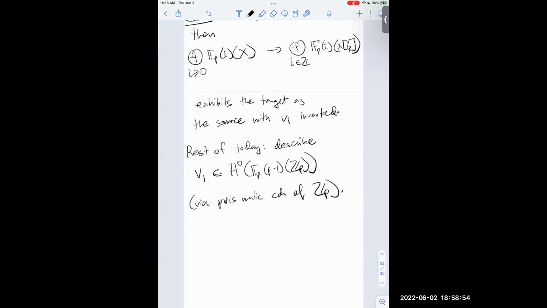Okay, so first of all, what does it mean to give this class V1 in FP with weight p-1 of Z_p? By construction, it's enough to do the following.